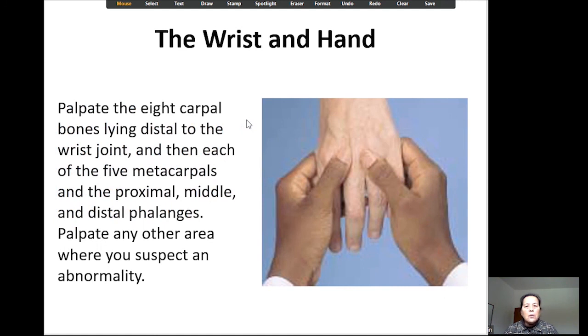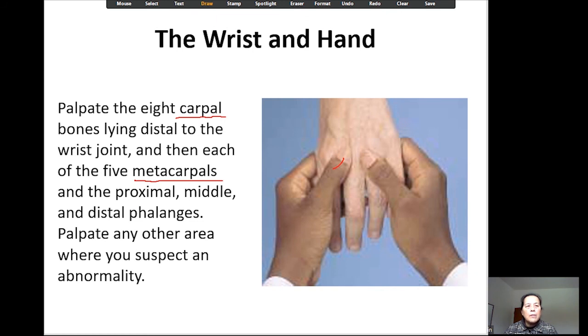And also we go to the small fingers. Basically it's small joints here, between the metacarpal bone and the carpal bone. So basically, we still look at both sides.